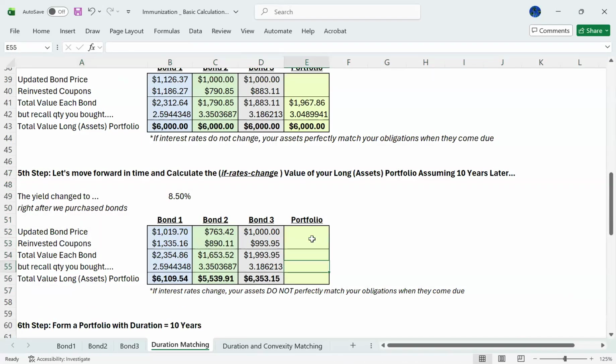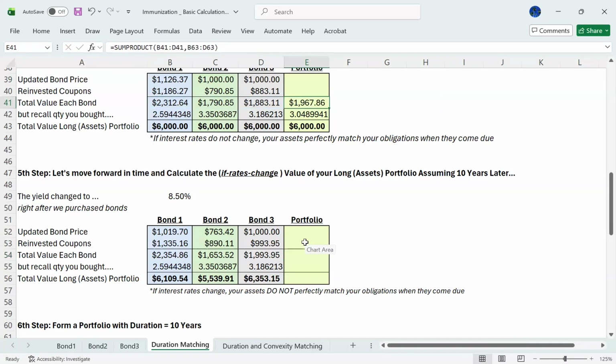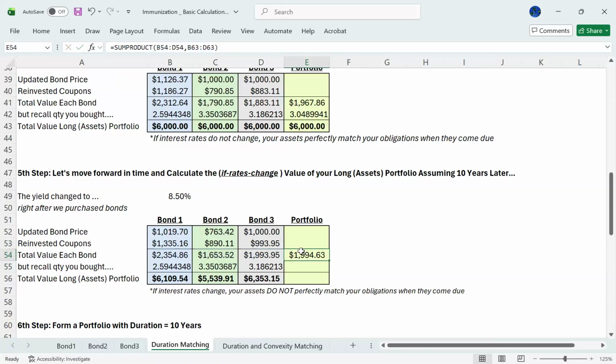So now I keep moving forward, and I evaluate the situation where rates do go up to 8.5%. Once again, I can just copy this formula here. But instead of using these values, I'm going to use these values, which are the result of the new yield. So it's 1,994.63.